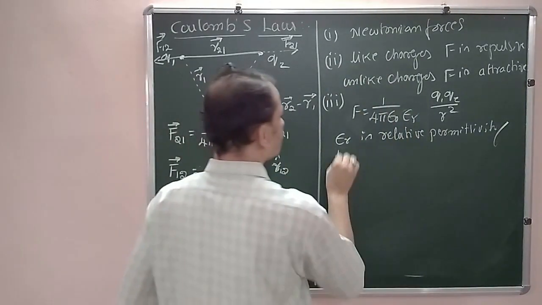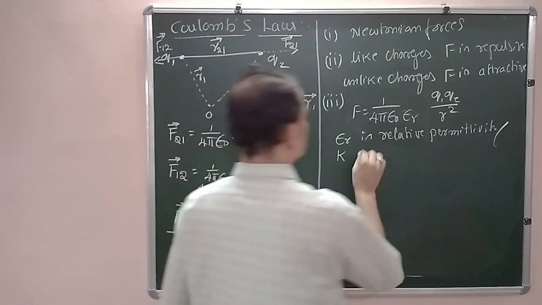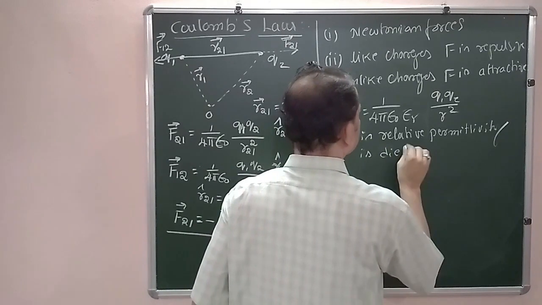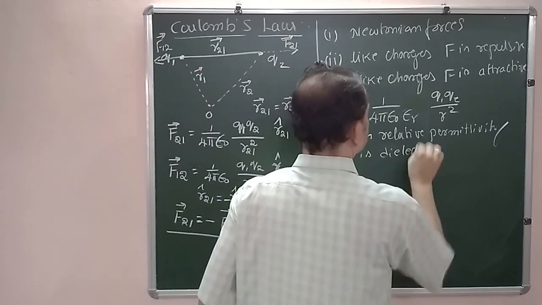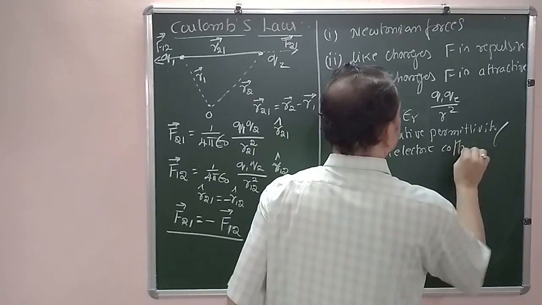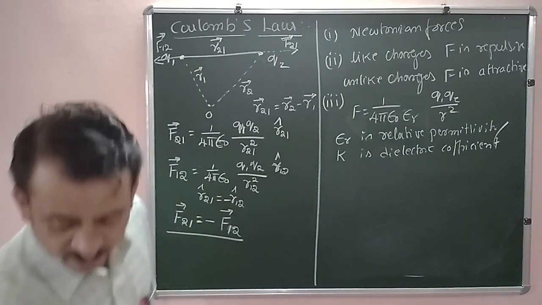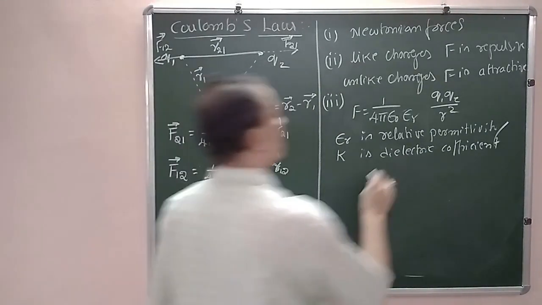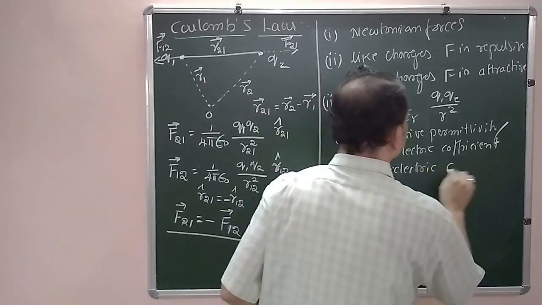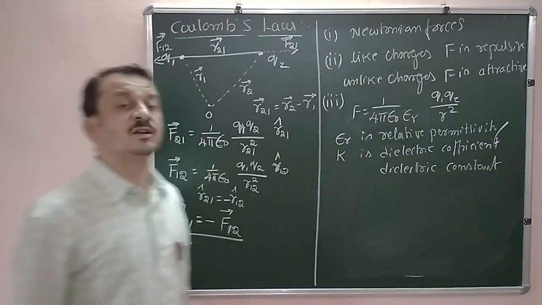Sometimes it is also denoted by the letter K. Therefore, it is also called as dielectric coefficient or dielectric constant.